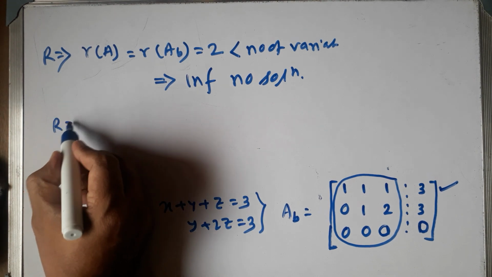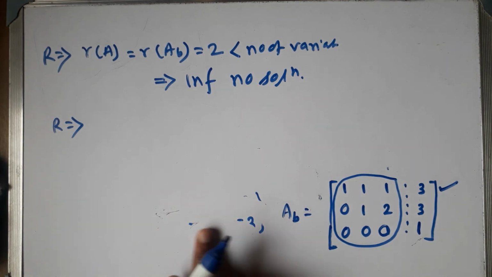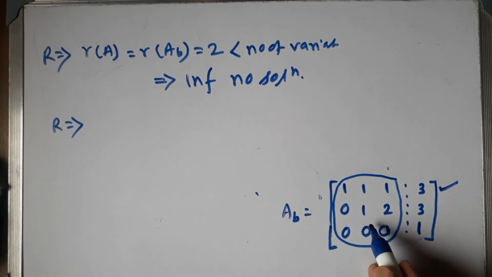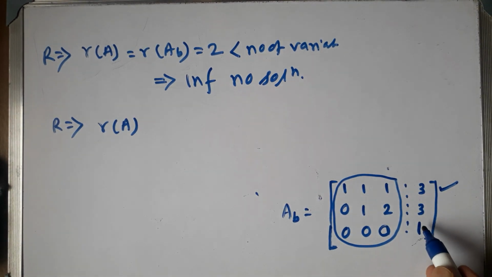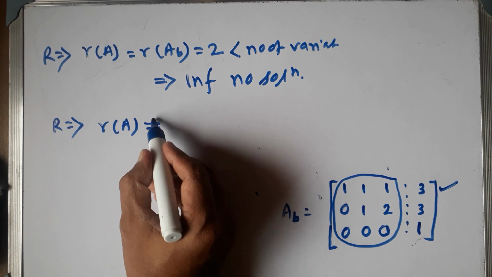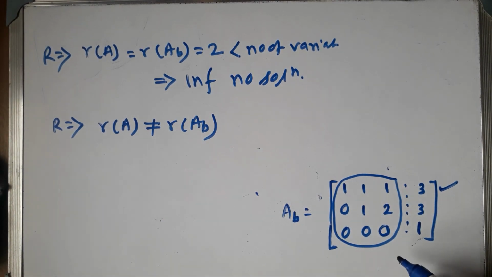Then another result is this. For example, suppose this is 0 but this is 1. Then rank of A is equal to 2 and rank of AB is 3. So rank of A is not equal to rank of AB. And in this case, the third equation is not a valid equation.